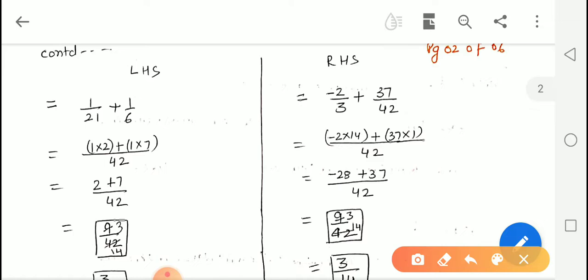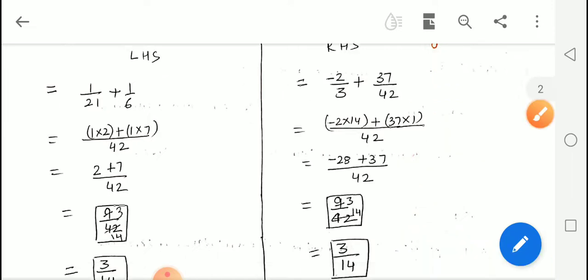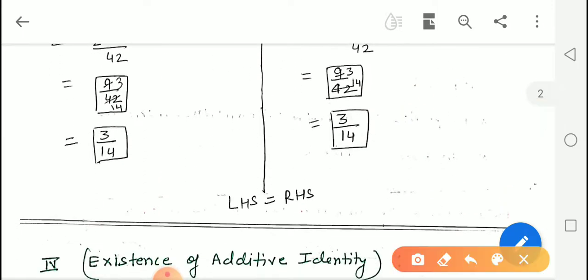Now the same calculation is continued, and here we will get again 9 upon 42 as the answer of this step, and we will do the cancelling, and we'll get 3 upon 14 as the answer for the right hand side also. So here left hand side and right hand side are equal.